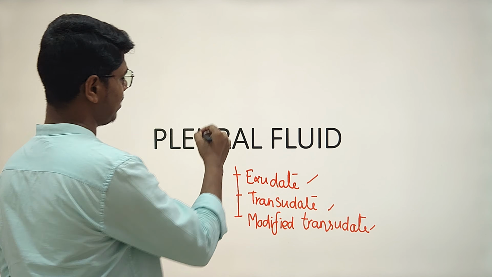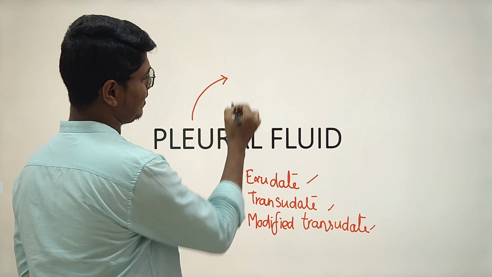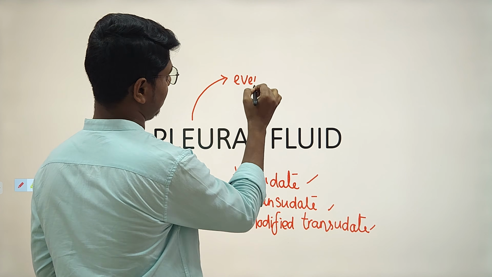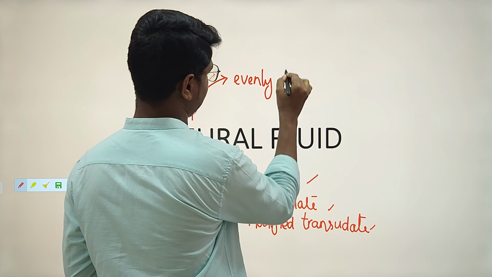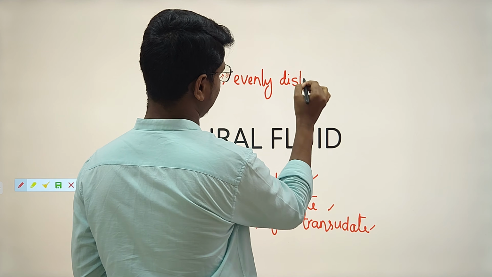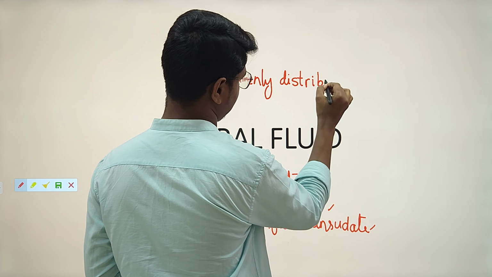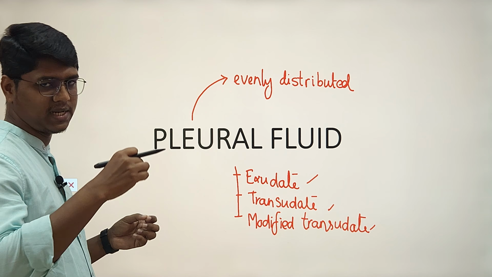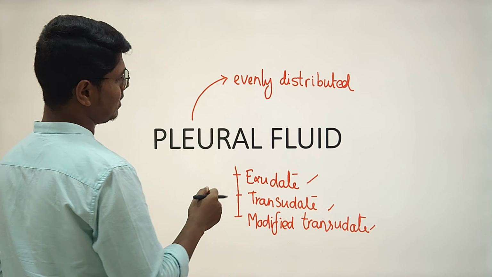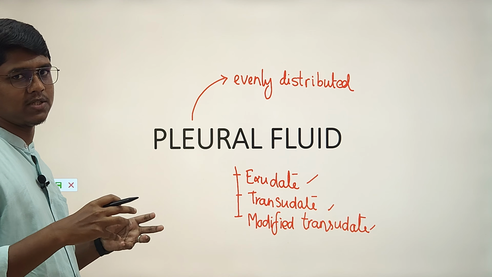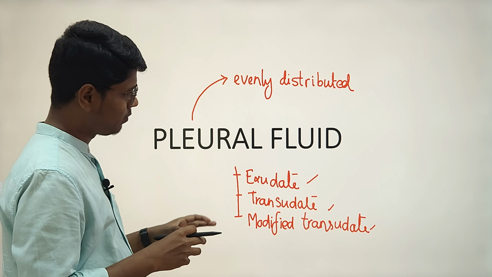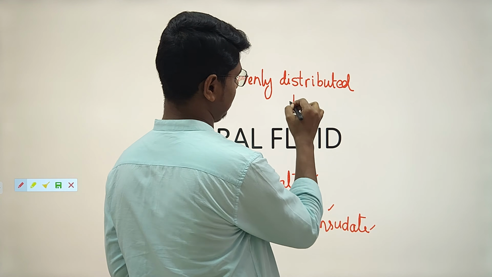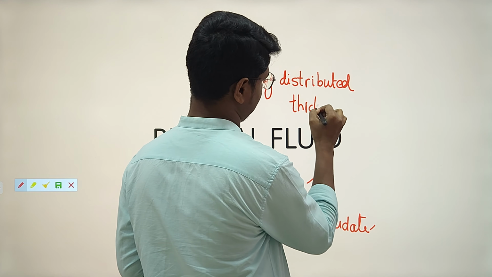One more thing, pleural fluid is usually evenly distributed between the two sacs, especially in dogs and cats, because the mediastinum contains some fenestrations, they are not complete. But there are certain conditions, especially when the fluid is very thick, like pus.